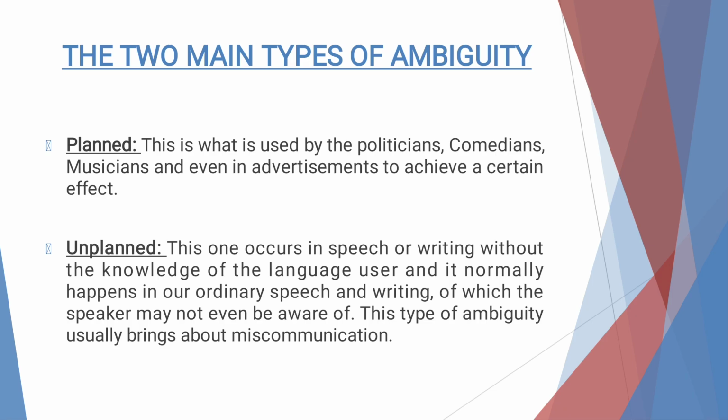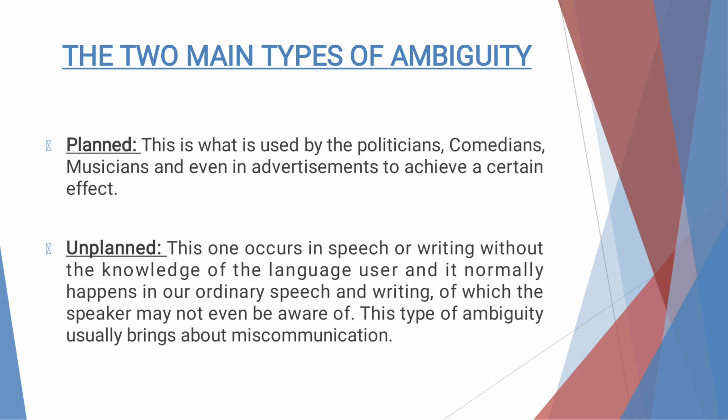It is not pellucid. The clear meaning of it is being distorted. So that is how it is. So we have the unplanned and the planned as the two main types of ambiguity.